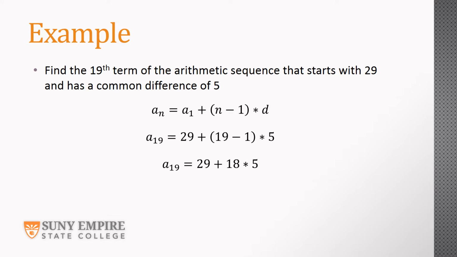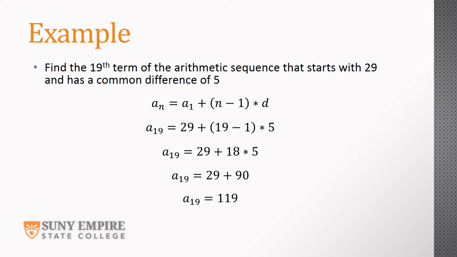Subtracting inside the parentheses, we have a sub 19 equals 29 plus 18 multiplied by 5. Multiplying, we have a sub 19 equals 29 plus 90. Combining, we find that a sub 19 equals 119.